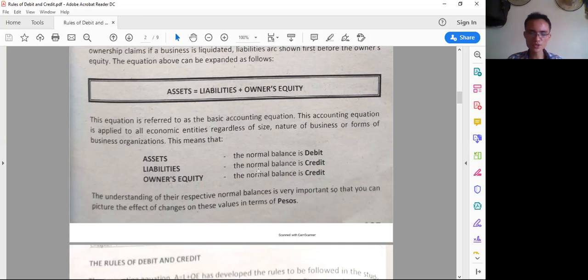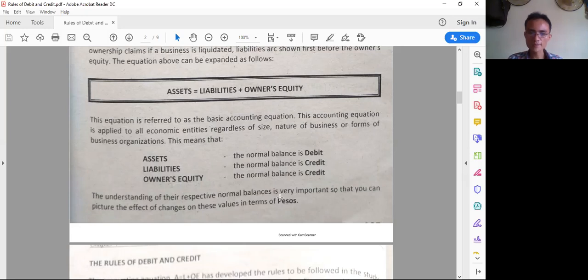We only have to remember two: debit and credit, left and right, value received and value parted with. As simple as it seems, you can see here on the equation, assets are found on the left, liabilities and owner's equity are found on the right. So clearly, by the illustration, we can now say that the normal balances are clearly shown there.